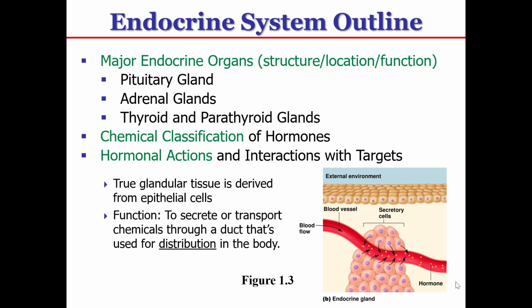That will help you understand the hormonal actions and interactions with target tissues. One key feature here is the use of the circulatory system for delivery of these essential chemical ligands to every tissue in the body.